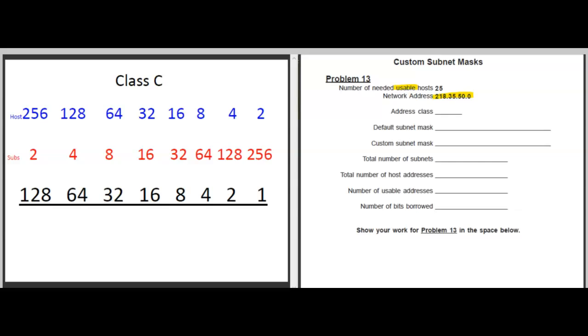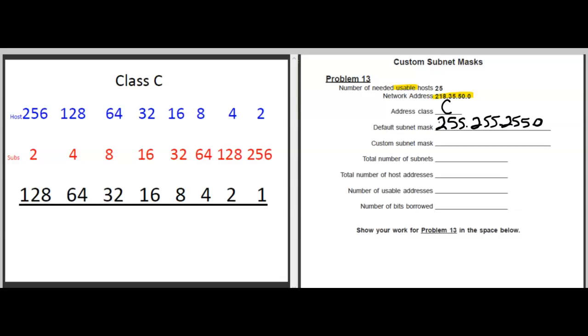Because it's a 218 and falls into that Class C range, it's a Class C address. So what is the default subnet mask for a Class C address? 255.255.255.0, sorry.